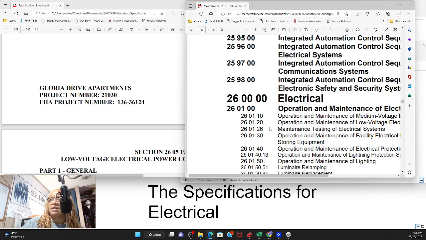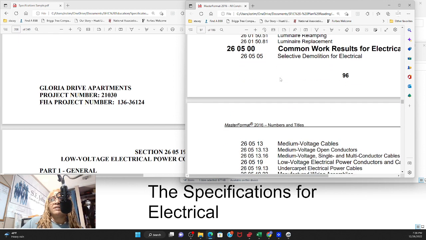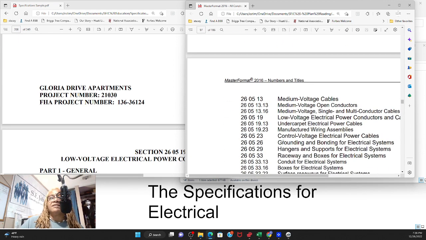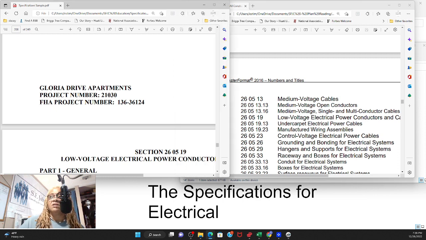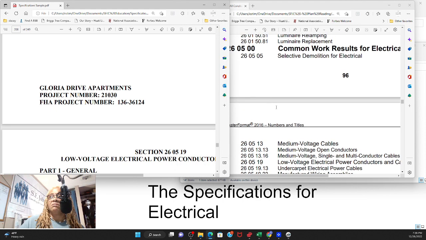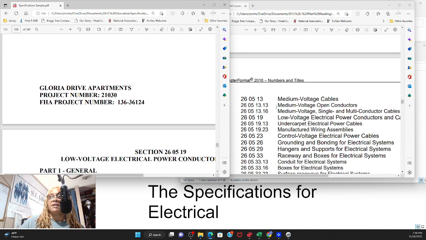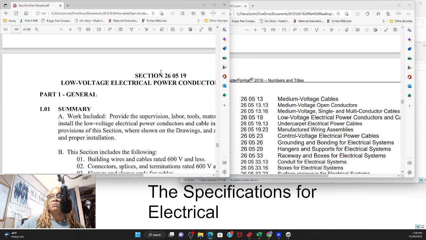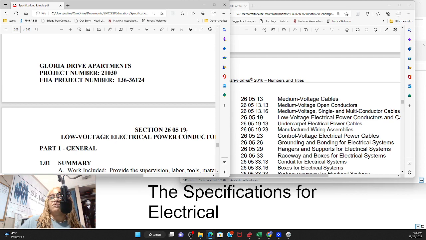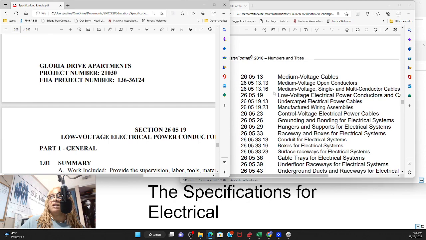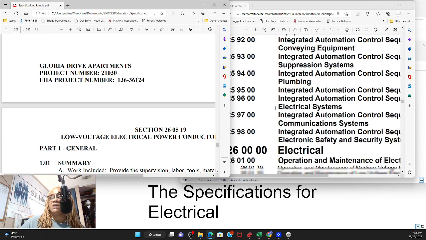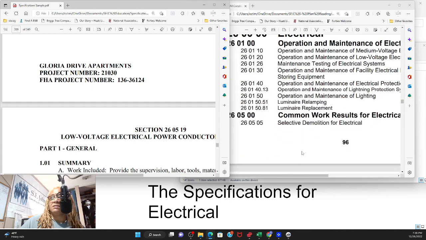But nothing here, and that's what I'm trying to point out, is that nothing here in this project on the left, our apartments, there's nothing there until we get to 260519. So all of these, 260513, nothing applies. None of this applies to this project.